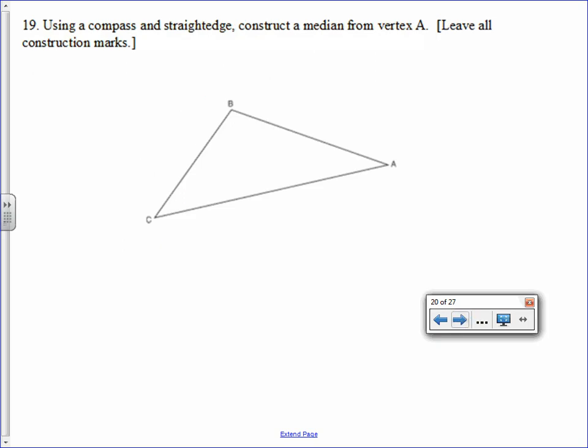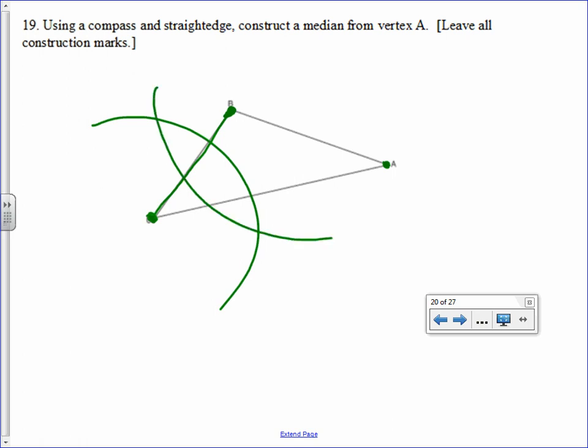For the median, it wants a median from vertex A. So that means I need to connect this point to the midpoint of BC. To find the midpoint of BC, I have to do the perpendicular bisector from BC. So I put my eye here, I draw my arc, I then put my eye here, and I draw my arc. Hopefully it's not going to be way off. From there, I draw in my perpendicular bisector.